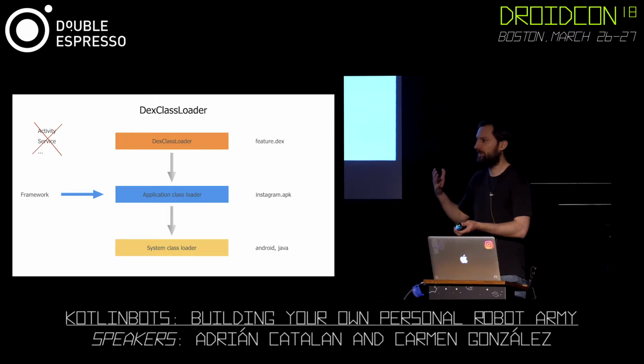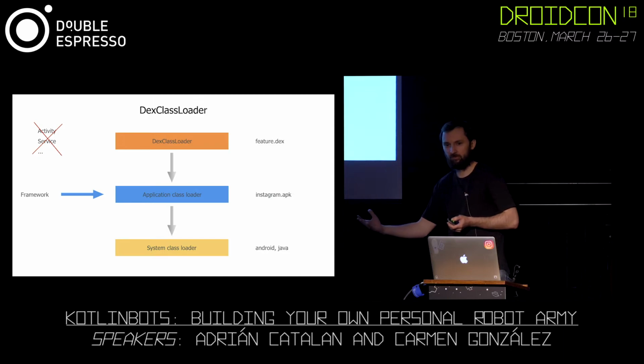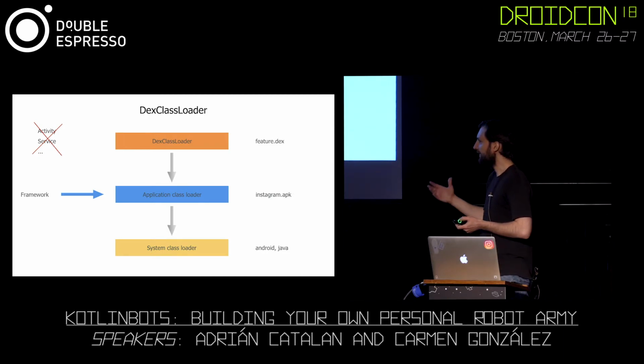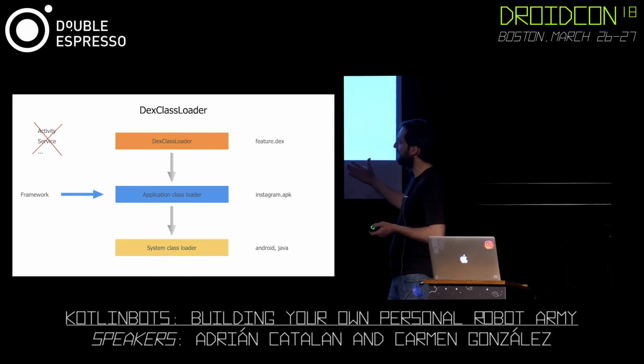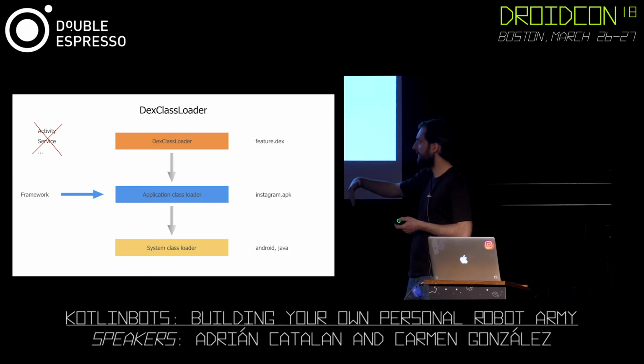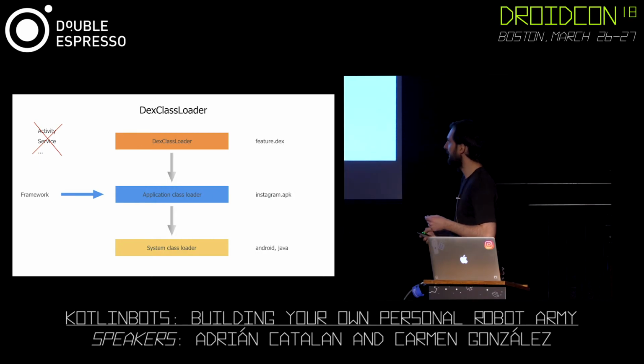We just tell the system what activity or service we want, but we don't call a constructor. The system creates this object, and the system is not aware of the DexClassLoader. It starts searching for the class from the application class loader downwards, so it wouldn't find it. So this approach works for Java libraries and Java features, but not really for Android ones.